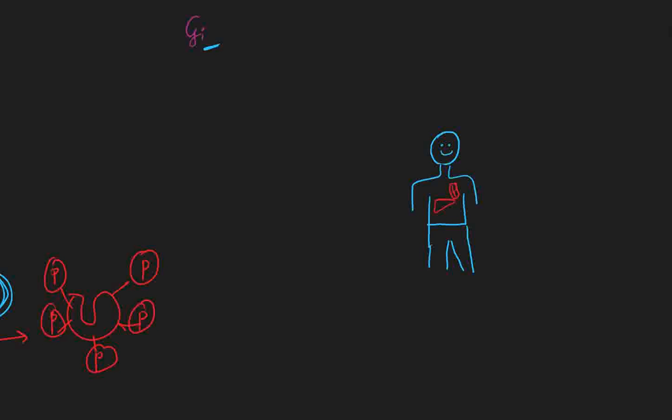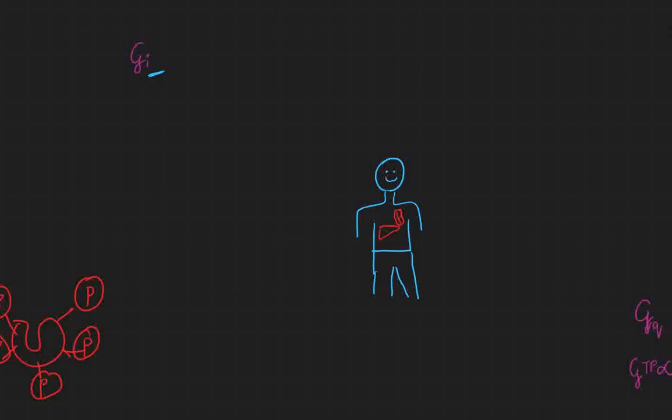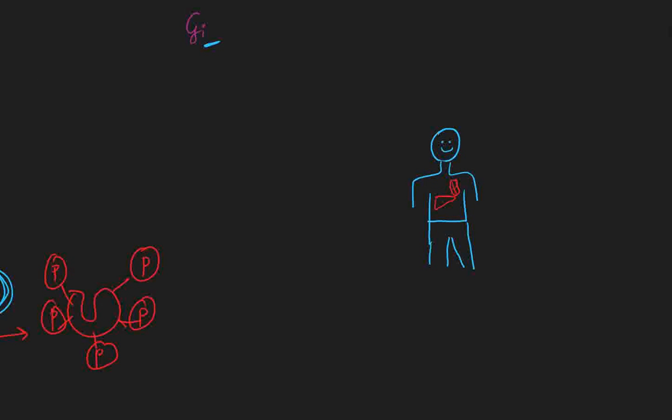Let's study some examples. Let's look at the effect of G stimulatory on this human. Pardon my poor diagram. This will lead to increased contractility of the heart, and it will also lead to glycogenolysis, lipolysis.